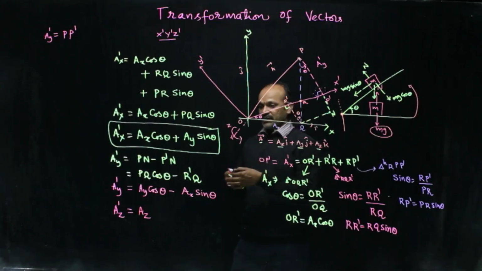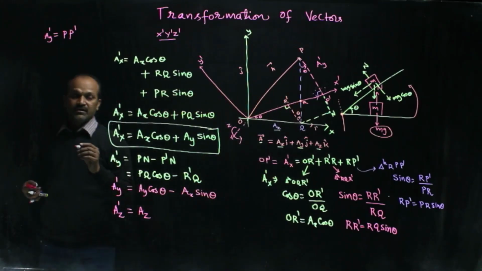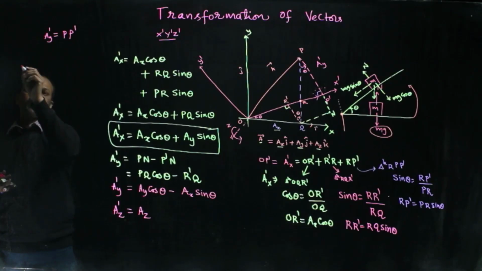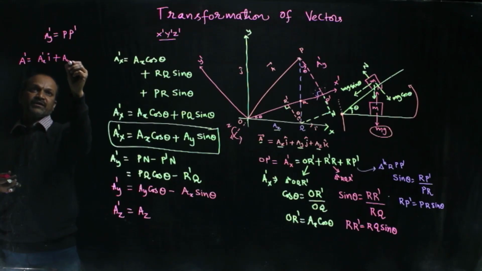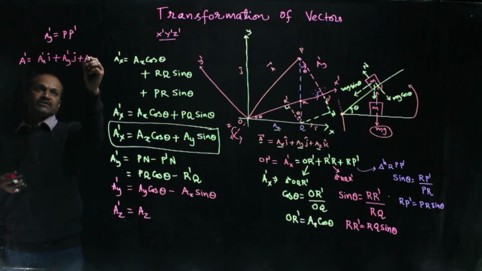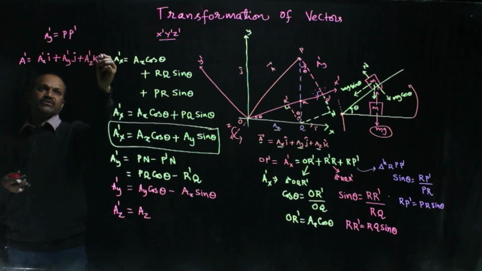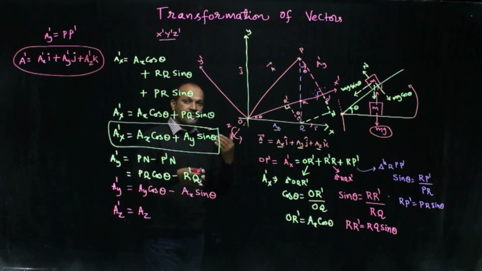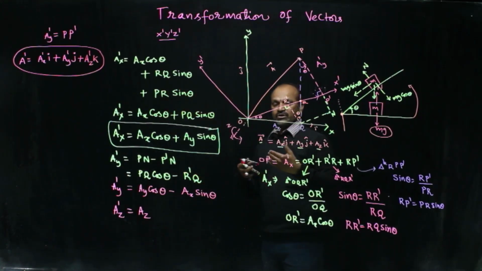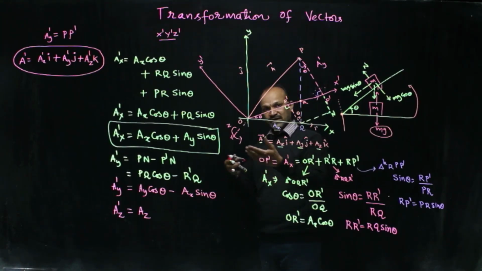Similarly, if you write the new vector as A dash, then you can write it as Ax dash i plus Ay dash j plus Az dash k. Then you can substitute if you want. Similarly, it is now rotated about the z axis. If you rotate about the x axis, write in the comment section and I will verify it.